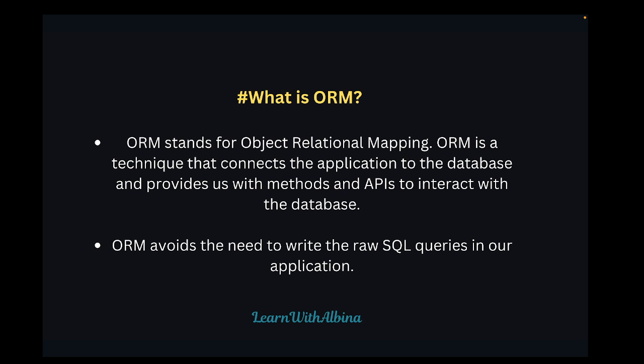For example, if we want to create new data in our database, ORM may have a create method, with the help of which we can create new data. With the help of a delete method, we can delete data from the database. Like this, ORM gives us methods to interact with the database. That is the benefit of ORM.